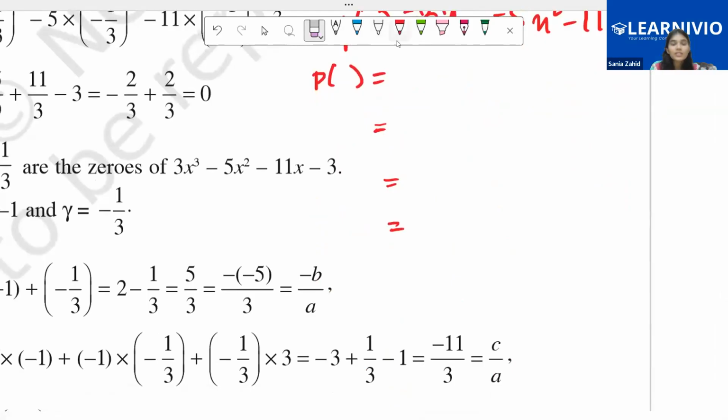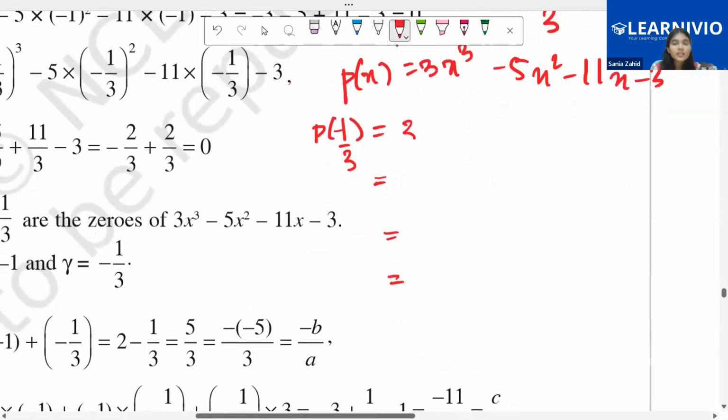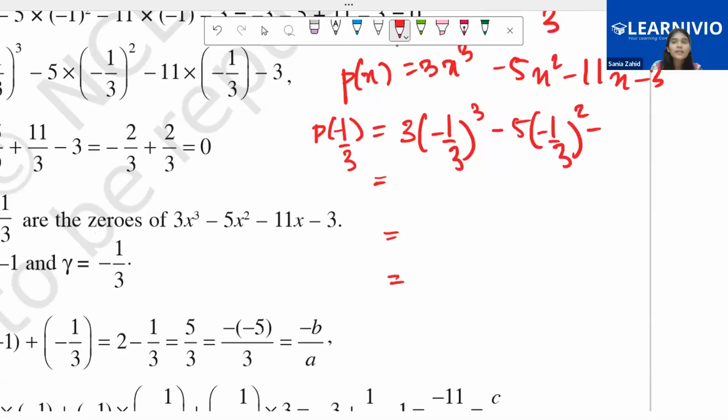So for -1 by 3, 3 into (-1 by 3) cube minus 5 into (-1 by 3) square minus 11 into (-1 by 3) minus 3. So 3 into what is (-1 by 3) cube? It will be -1 by 27. Understood? Because 3 into 3 into 3.